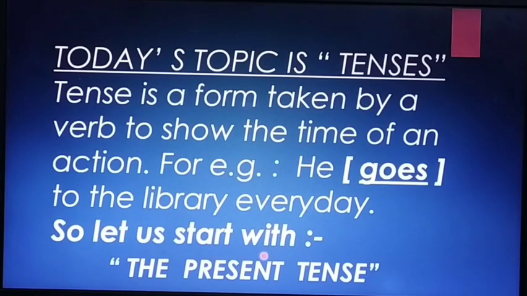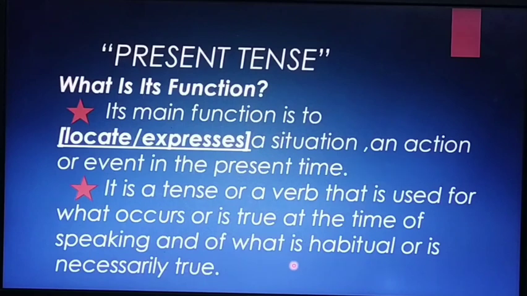So let's start with the present tense. Present tense, what is its main function? Its main function is to express a situation, an action or event in the present time.